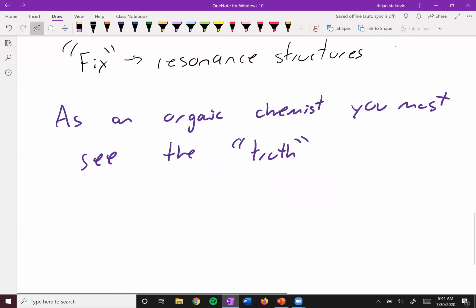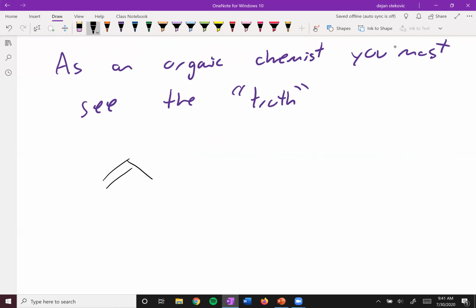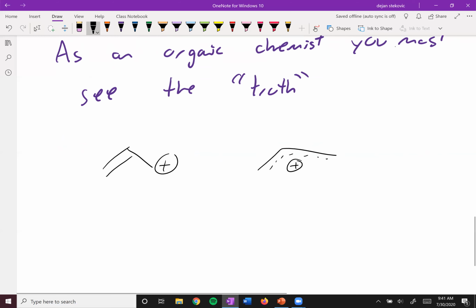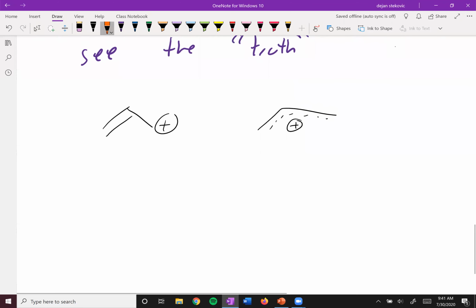So when you see this allyl cation, what you should be thinking about is this kind of delocalized positive charge, right? And so this is kind of what you want to think, right? Don't really think like this, think like this.